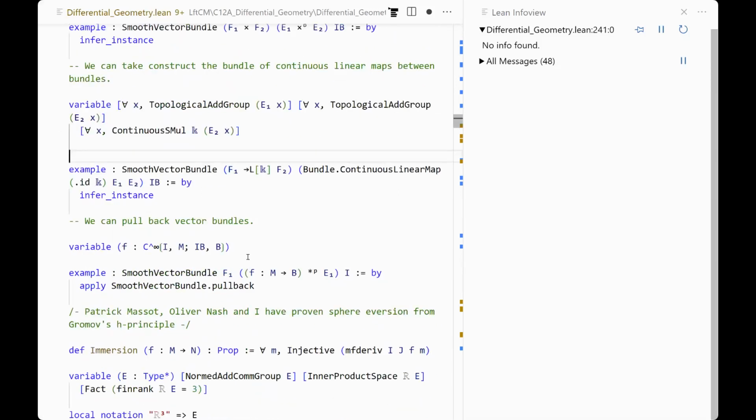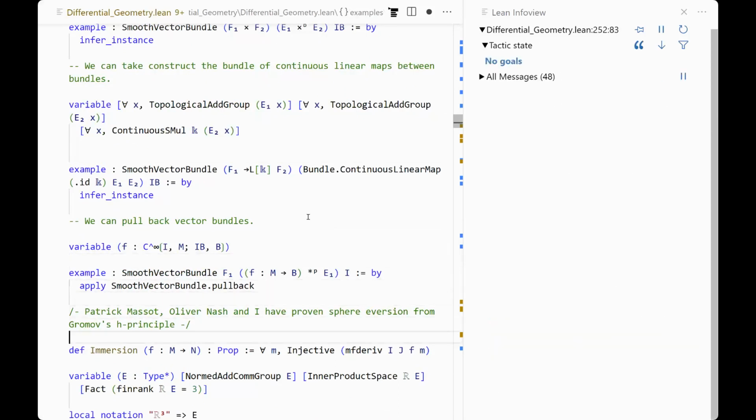And we can pull back vector bundles. So this is notation for a map that is already smooth. Using that map, we can pull back the smooth vector bundle E1 to a vector bundle over M, and that is again a smooth vector bundle.